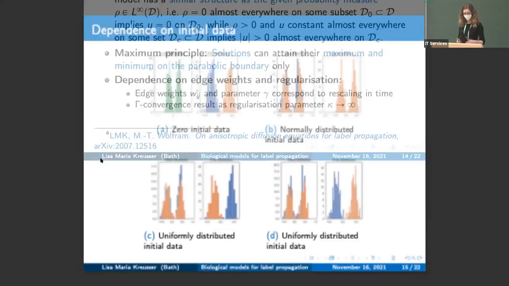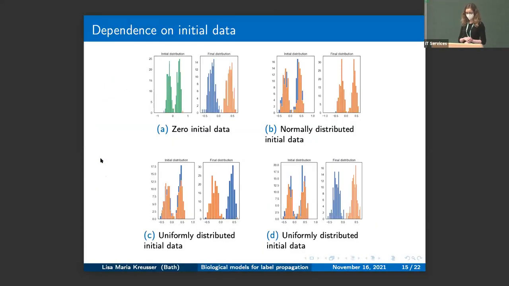To see a bit better what's going on, here are some numerical results. First of all, assume that we have no initial bias, and only 2 points which are initially labeled. It's a bit small in here, but for instance, on the very left we have a point which is marked in blue, and on the very right we have a point marked in orange, and all the other points, which are in green, are 0 initially.